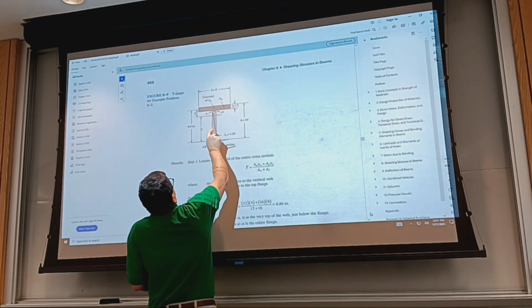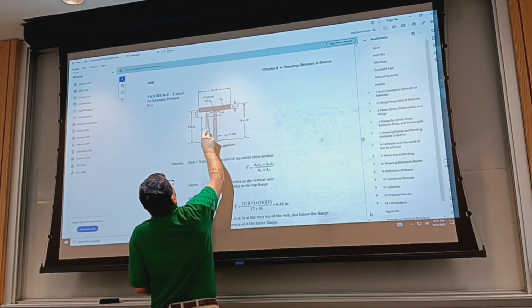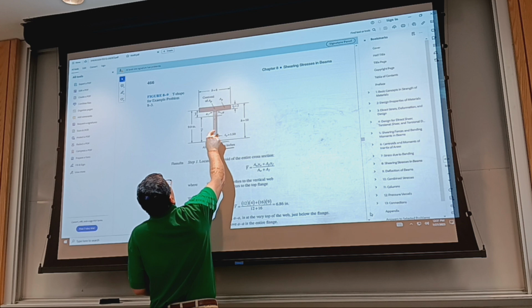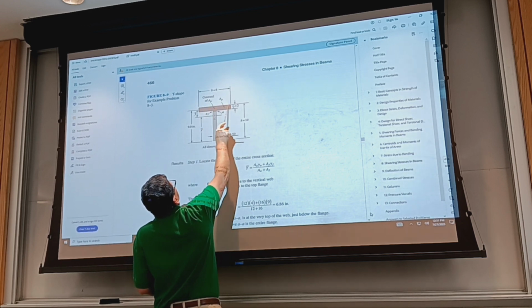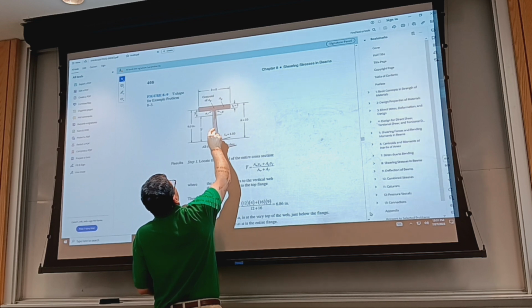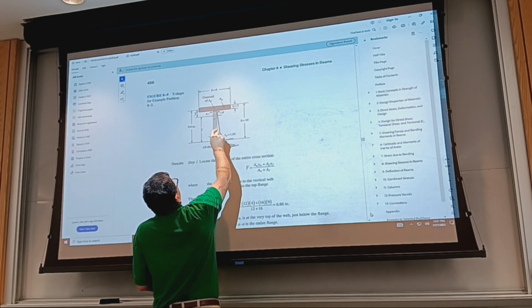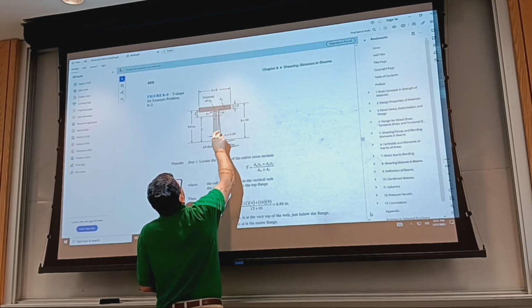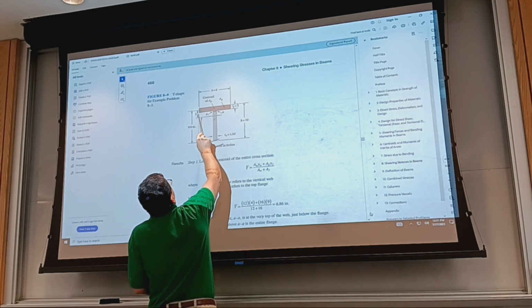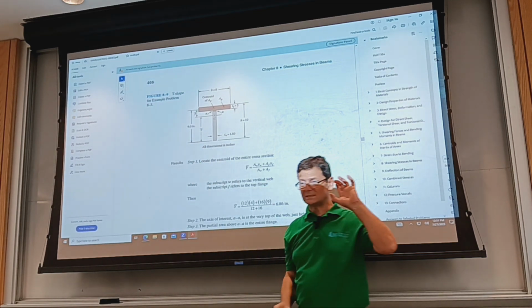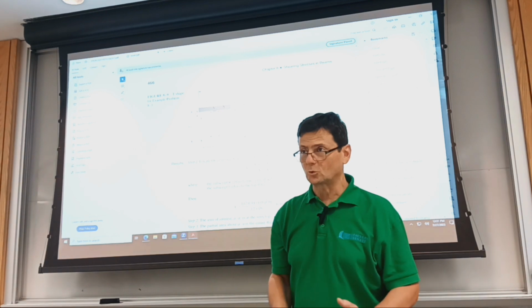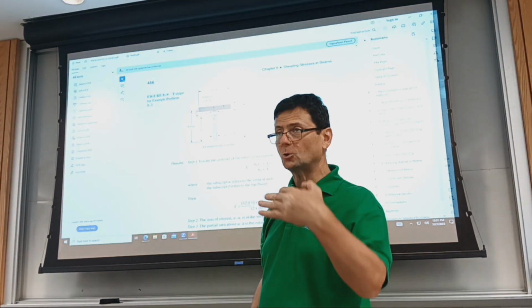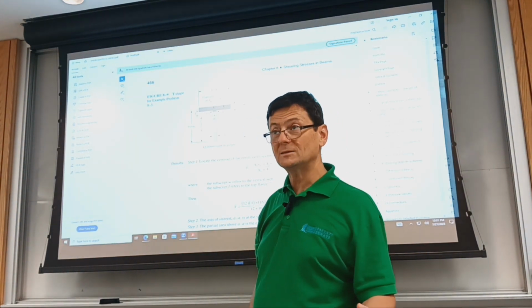Find the centroid. So I delimited here that I want to calculate tau at this location. I need to find this area, and then the centroid of this shape, and this y is going to be the distance between the centroid of the full cross section and the centroid of just the partial area. Does it make sense?